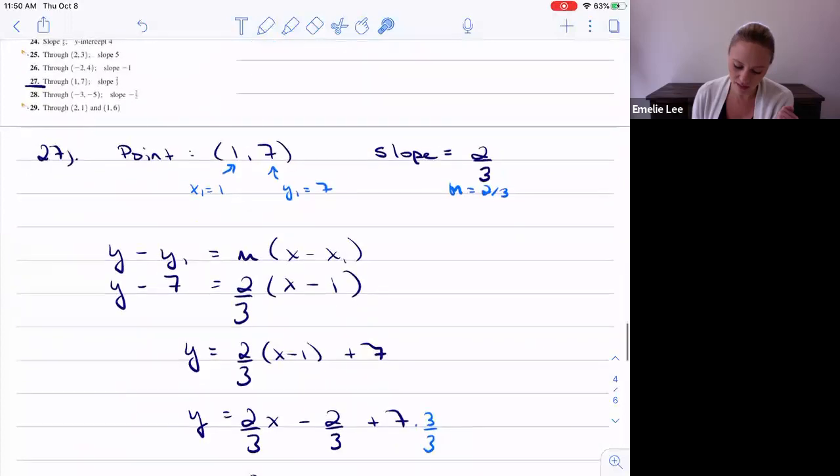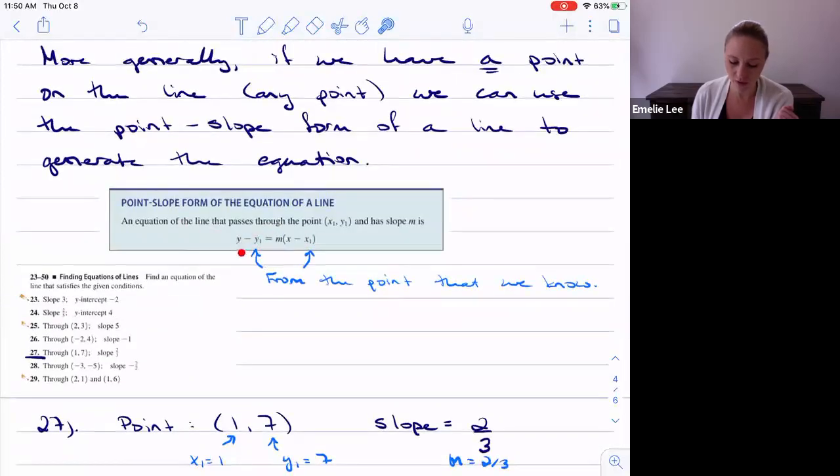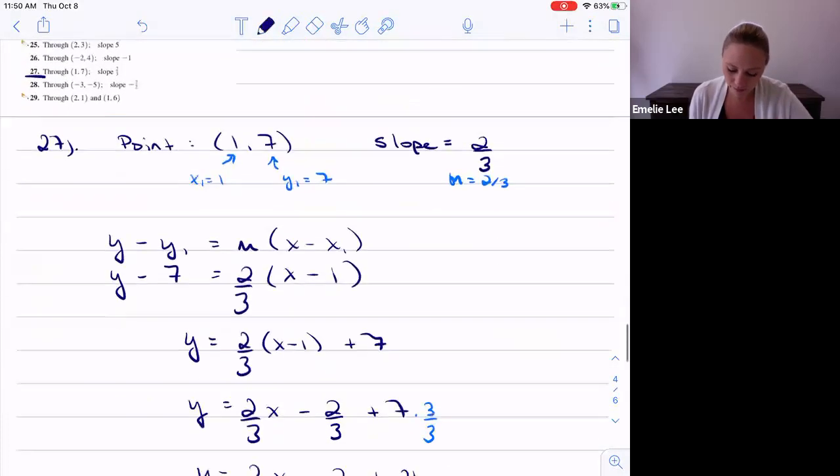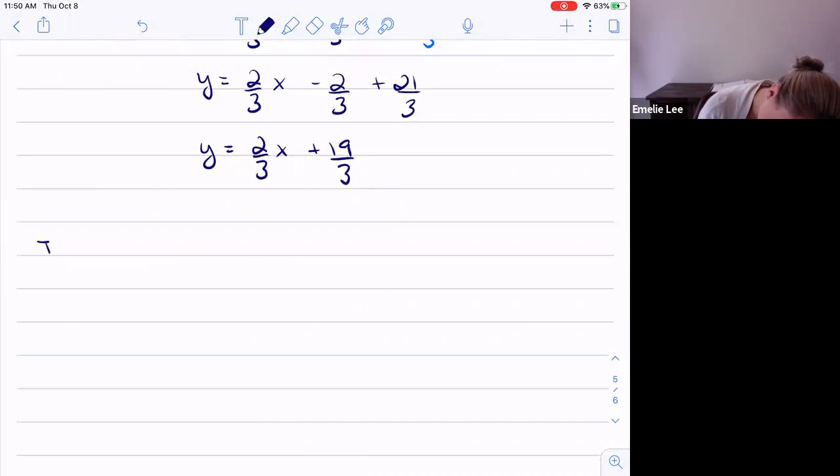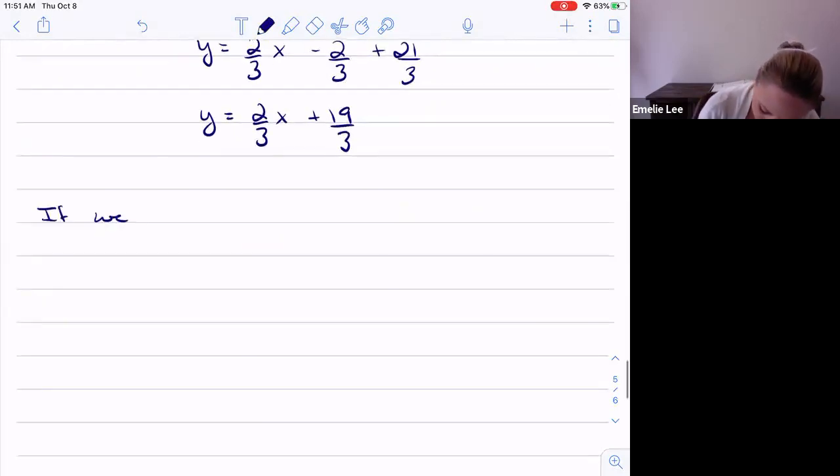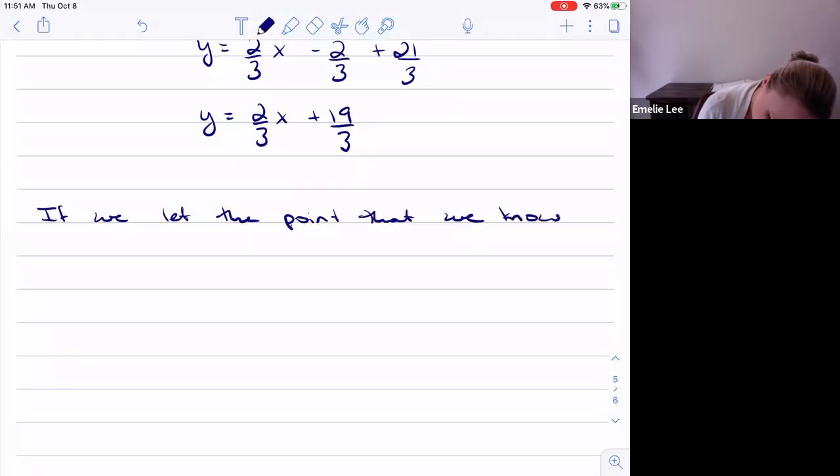So in this point slope form, if you let the point that you know be 0, b, the y-intercept, let's see what happens.